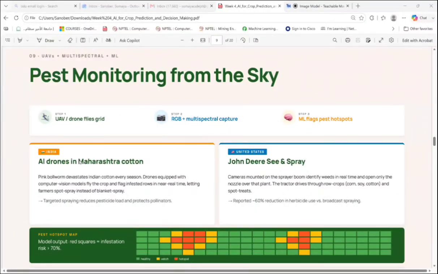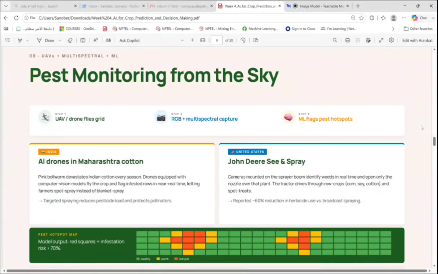I trained with a healthy leaf and an unhealthy leaf, but how can I identify that this leaf is only 30% unhealthy and this one is 50% healthy? Firstly I identify, and then I train the machine.